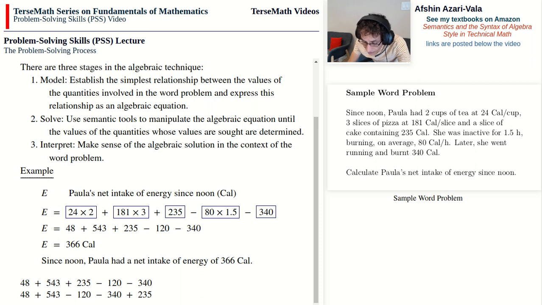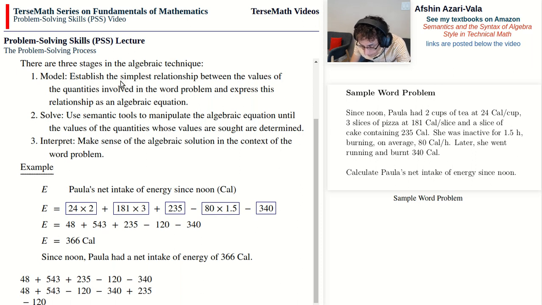You could even, if you wanted to, start with a loss. You could say, if I have a loss of 120, I can start with a loss of 120, and then to that I'm going to add the gain of 48, and then I'm going to add the gain of 543, and what we have next, the 235. You know what, I'm going to move that one to the end as well.